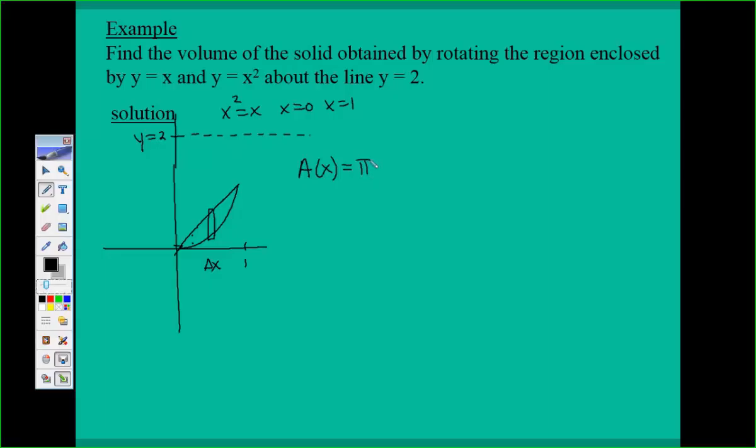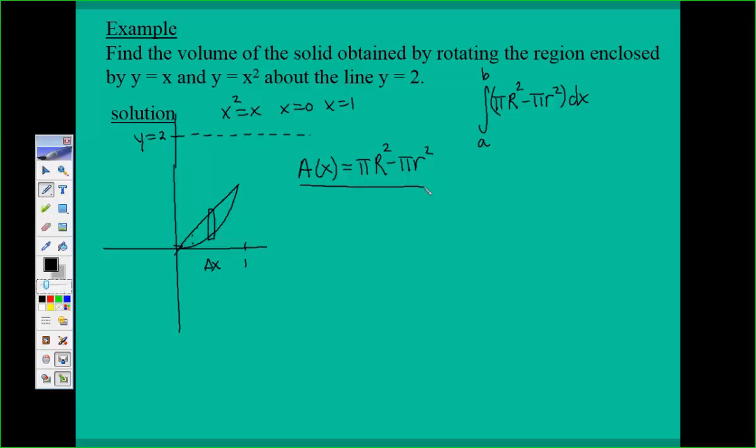Now with the washer method, I typically like to write the formula first. I'm using the washer method, so I know it's pi big R squared minus pi little r squared, and since we're going to be in functions of x, dx. So the area of the cross sections is going to be pi big R squared minus pi little r squared.